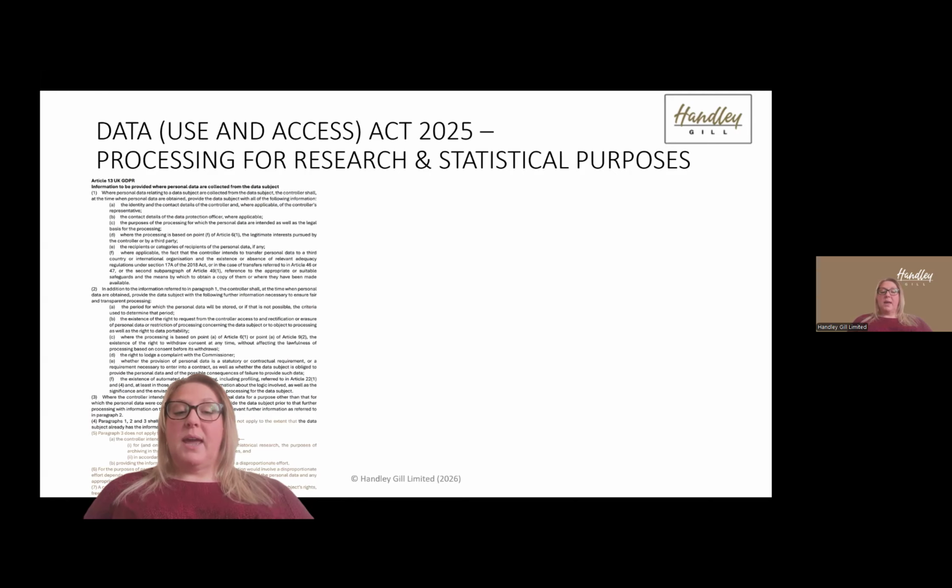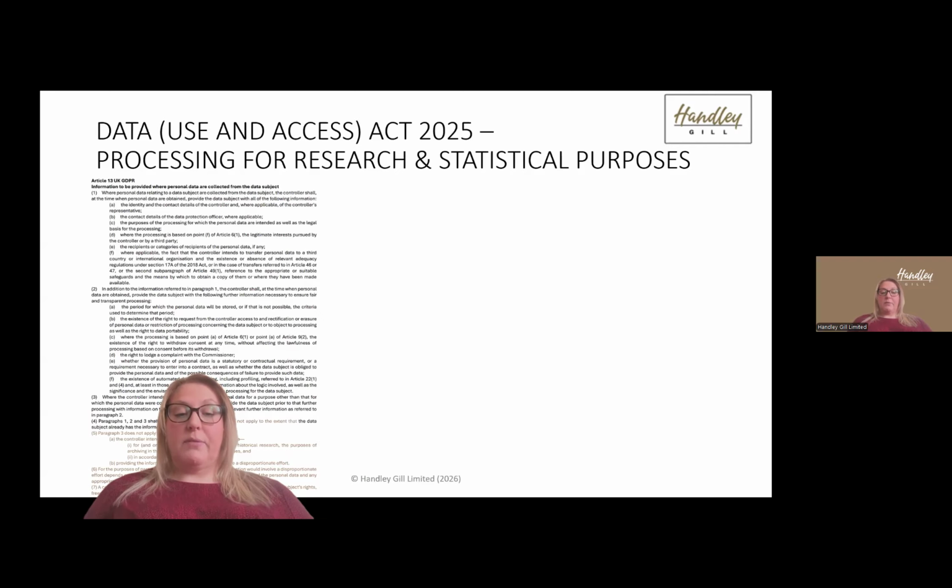The consequence being, if you're intending to do processing for RAS purposes for a new purpose of a bulk data set that's more aging, you're likely to be able to say it would be disproportionate to tell people we're going to use the personal data for the new purpose. If you're complying with safeguards, then you will not have to notify and you'll be able to take that data and use it for your new purpose.